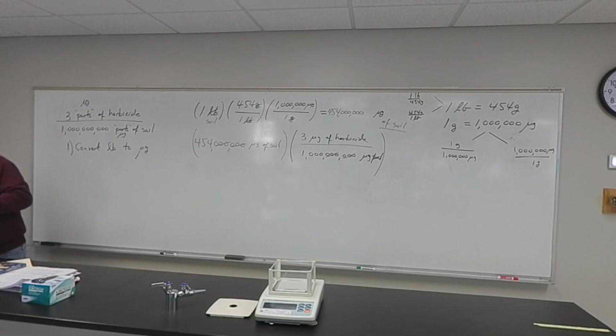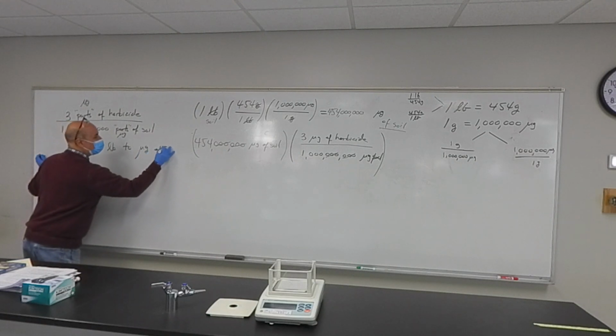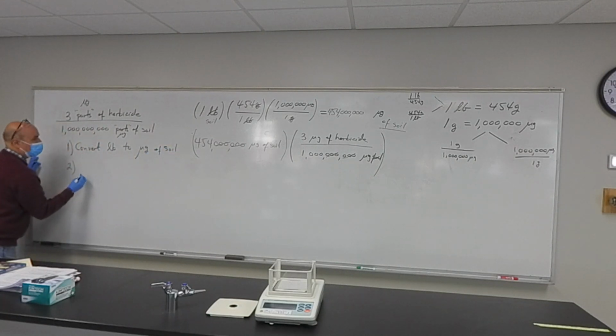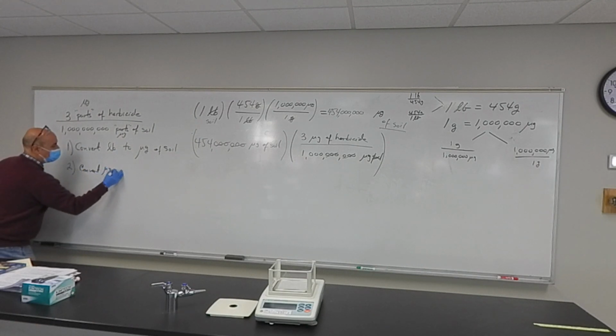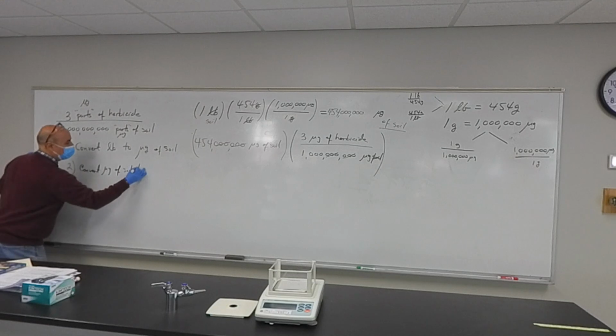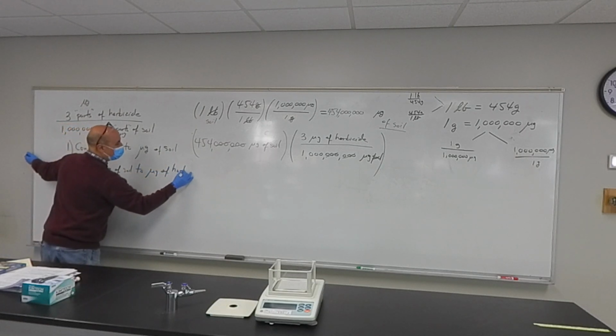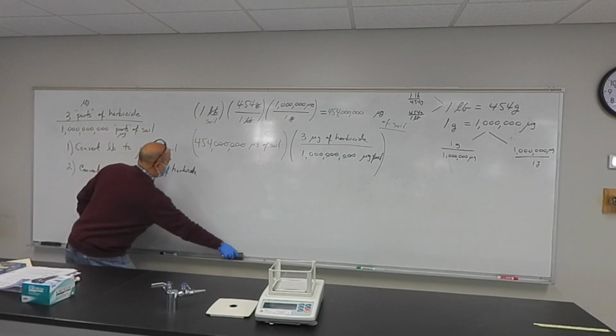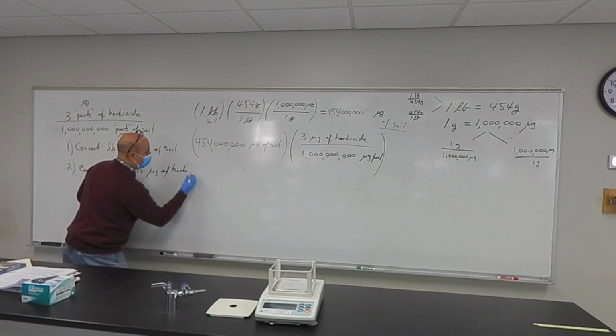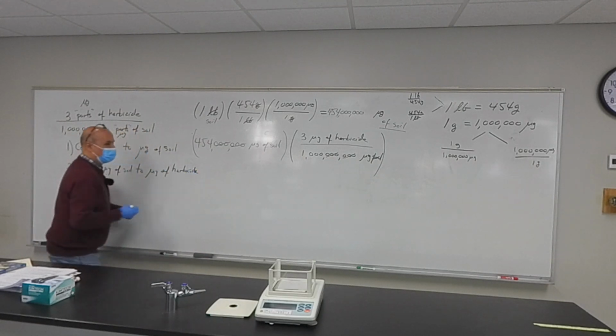I just want to verify, so this is step 2 on your list: convert pounds to micrograms of soil, and now convert micrograms of soil to micrograms of herbicide. Absolutely. Thank you for that.